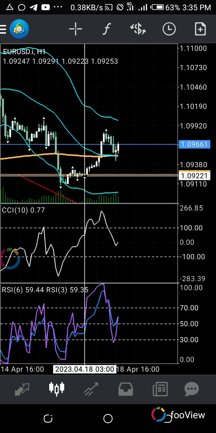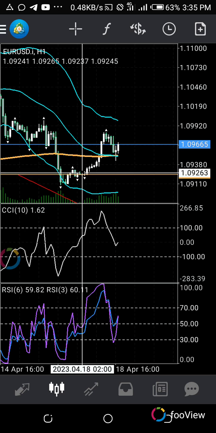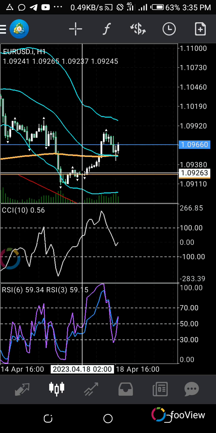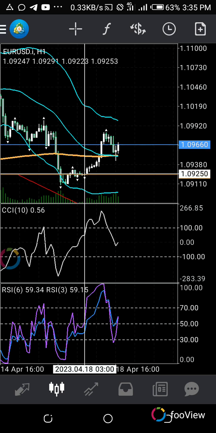Now our entry should be from here, from this white candle. After this white candle closes on the 1 hour, we enter from this next candle, this one that formed a fractal. But then when we are going to enter, there won't be this fractal formed, because fractals form after 3 candles, 3 to 5 candles. Do you get it?